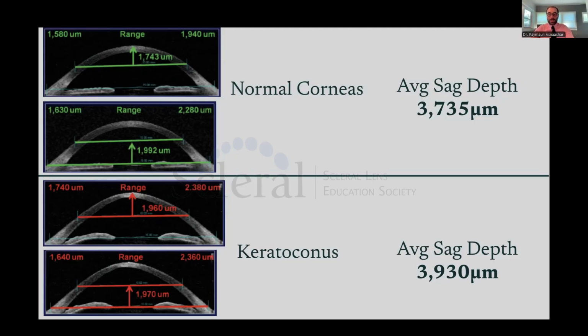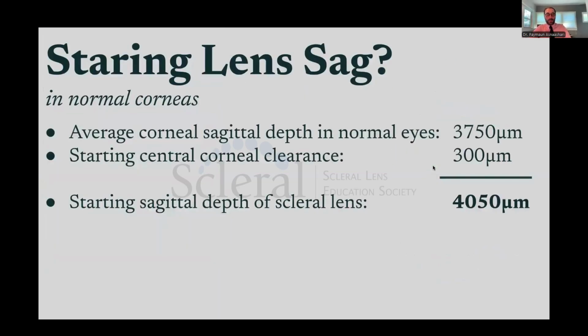So if you're looking to pick a lens out of a fitting set to fit a normal cornea, and you want 300 microns of central clearance, this slide will break it down. What starting lens size should you pick in normal corneas? If the average corneal sagittal depth in normals is about 3750, and you want a starting central clearance of about 300 microns, you should grab something from your fitting set that has a sagittal depth of 4050.